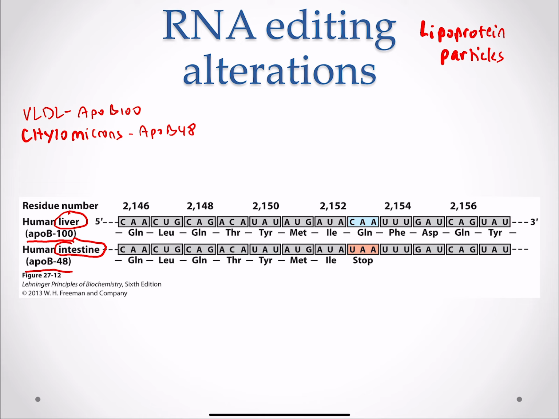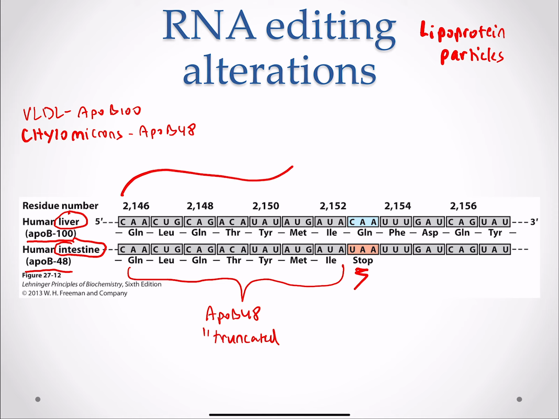You can see that basically in the intestine, there is an insertion of a stop codon. So this is going to form a shorter, truncated protein, this is the ApoB48. And then this is the ApoB100, which is the full length of the actual RNA reading frame.